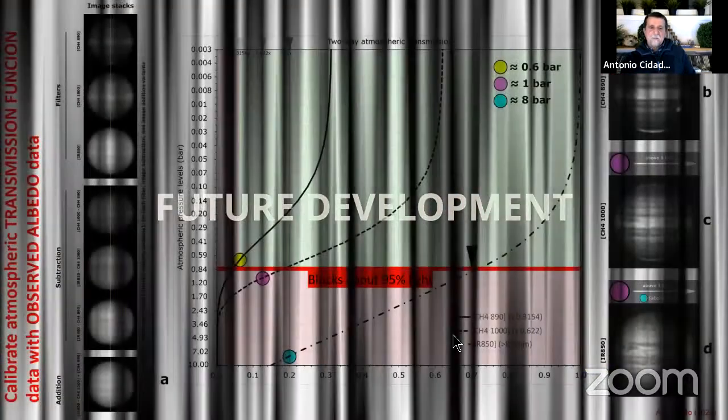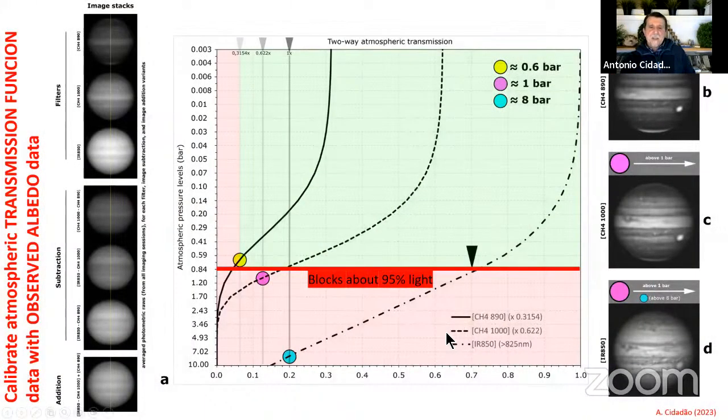For future development, what we are trying to do is use Pat Irwin's modeling for two-way atmospheric transmission to calibrate the individual graphs, taking into consideration the differences in albedo for the different filters.